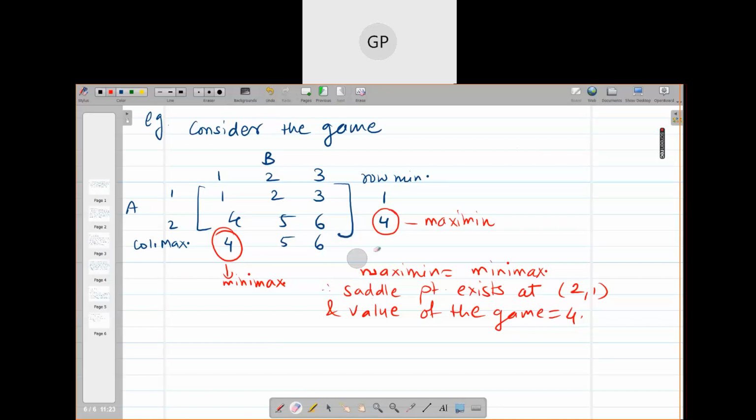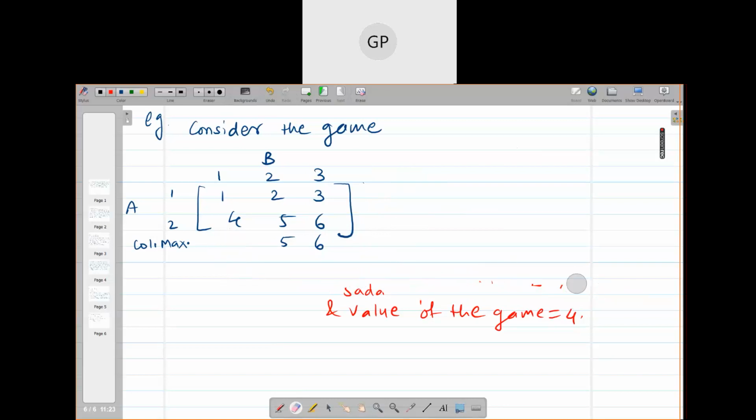Here we have found that 4 is the answer. Now let us see whether we get answer 4 using dominance principle. You can go with rows or columns, anyhow you want.